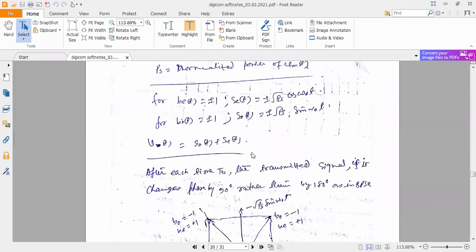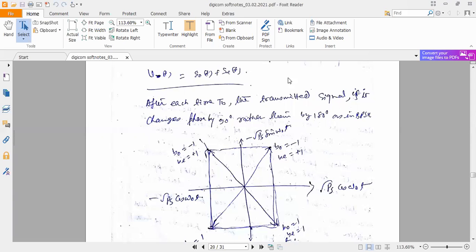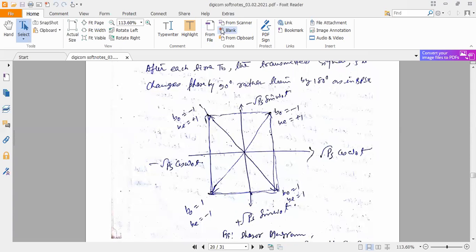So VT may be written in this form by the phasor diagram. See, this is root 2 Ps cos omega 0 t. If it is plus cos, then that's minus cos. Suppose this is 0, this position is the origin.